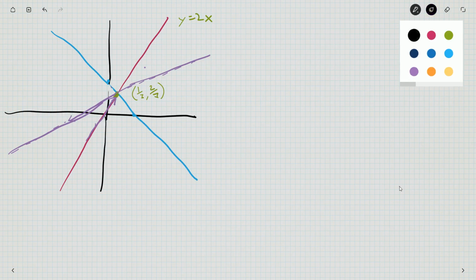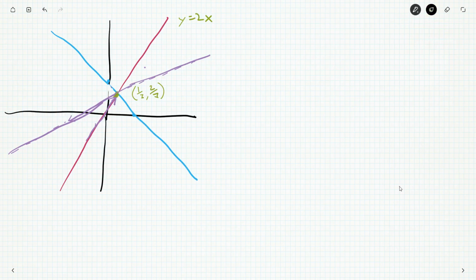Now, one thing we should know about mirrors, since we're treating the blue line as a mirror, is the angle that you come in on is the exact same as the angle you leave on. Okay, so if we could figure out maybe this angle theta between the blue line and the red line we start with, then we'll know the angle between the purple line, our reflected line, and the blue line.